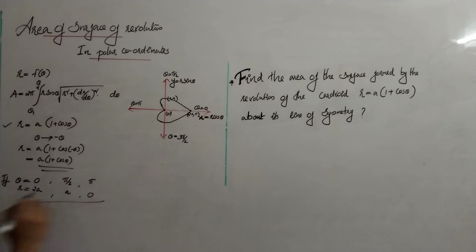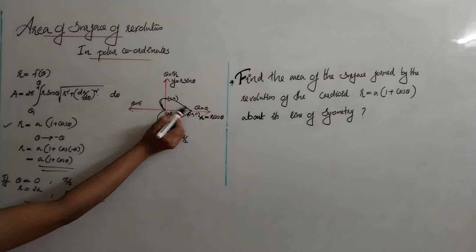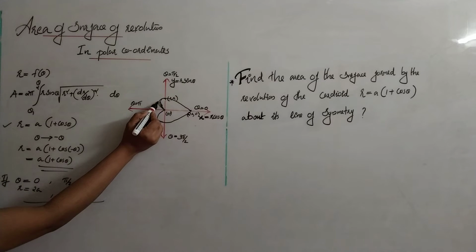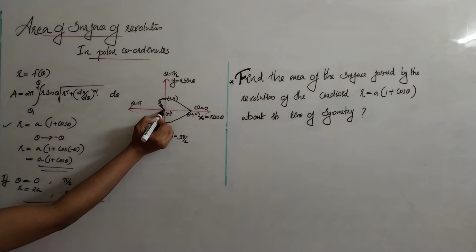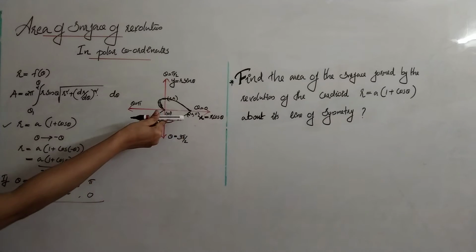Now to find the area of the surface of revolution, we need only this portion of the curve, that is the curve above the x-axis, and this portion is revolving about x-axis.